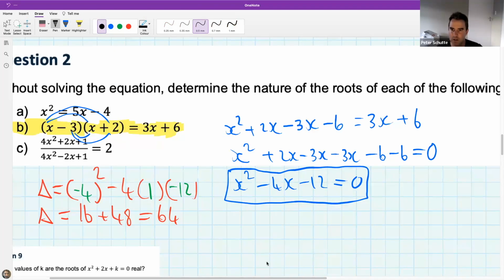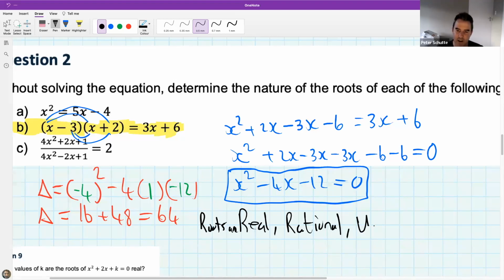So Gabrielle, I think I agree with you. Because delta is greater than 0, the roots are real. They are rational because of a perfect square, and they are unequal because it's not 0.